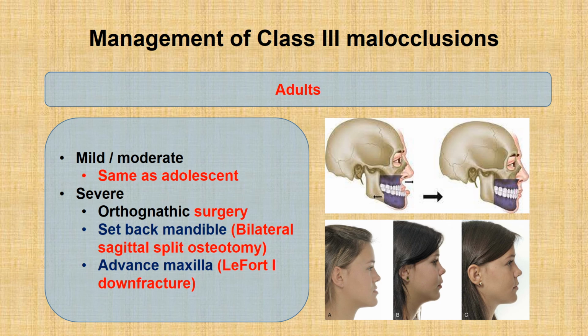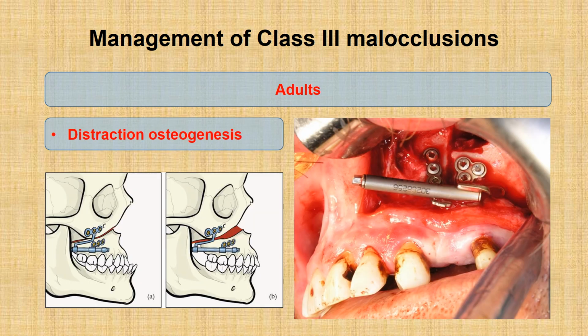Now, if it is severe, and since these patients are non-growing, the only feasible modality of treatment to correct this skeletal relationship is orthognathic surgery, which basically aims to set back the mandible and advance the maxilla. This can also be undertaken with distraction osteogenesis.